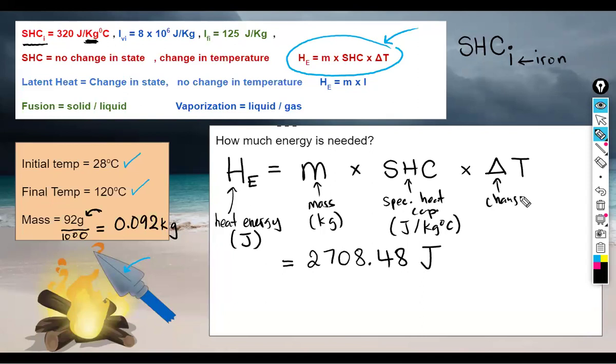Change in temperature. So you can put little arrows to show what each symbol means, state the units, and then you start the question. Every single formula in the physics exam, you have to do that. Otherwise, you do not get full marks.